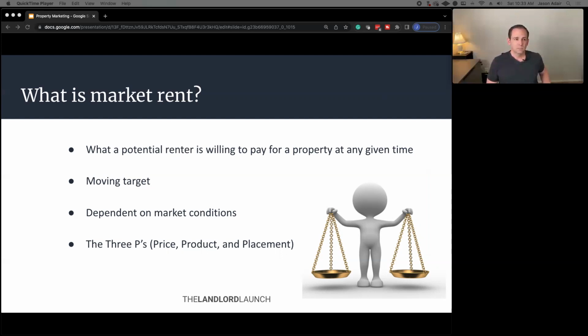Well, come April or May, you may be able to rent your house for $1,200 or $1,300, because that's when people are looking to move, from right before school ending all the way up to right before school is beginning. Typically more of the leasing season, so your house may be more valuable at that point in time. So that market rent shifts and changes based on the conditions of the market at the time that it's available for you to lease.